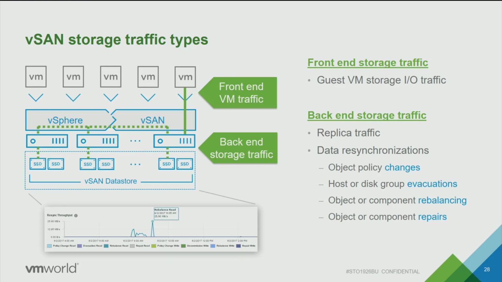The other section that kicks off backend I/O activity is rebalancing. vSAN is really smart in the placement of its data, and it's going to make sure it can place that data in the right location, still adhering to the applied storage policy that you've set for that VM or VMDK.